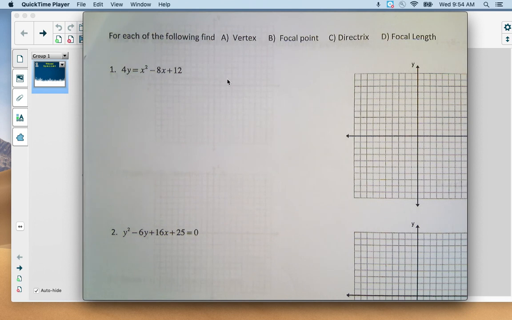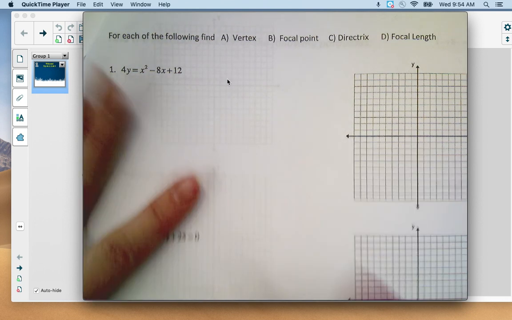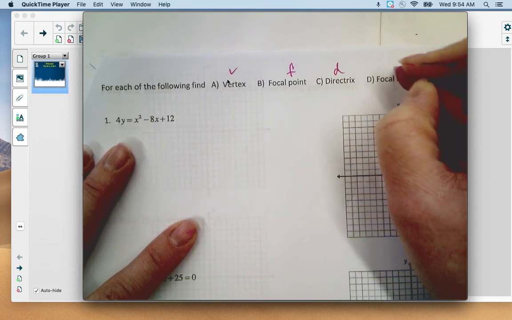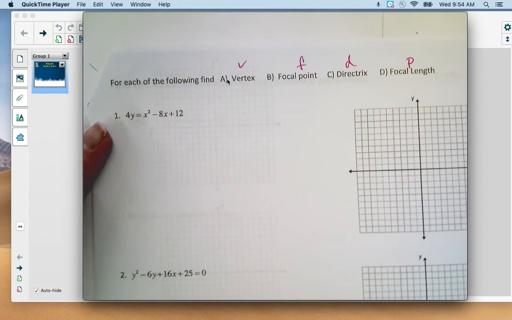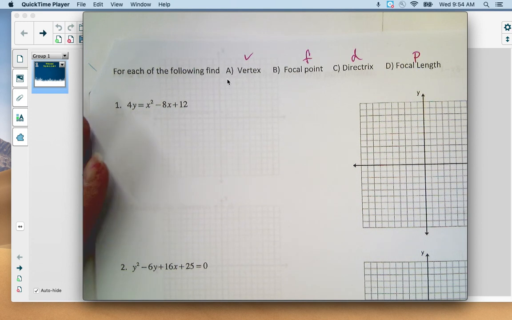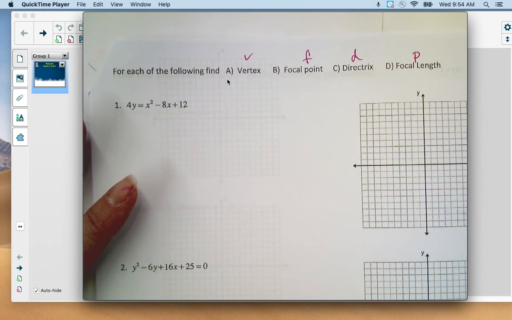All right. So when we use this, look at the next page in our packet. It's saying, for each of the following, find those 4 things: our vertex, our focal point, our directrix, and our focal length. So again, V, F, D, and P. Looking at it right now, is it in vertex form? No. Do you remember what step 1 of completing the square was?